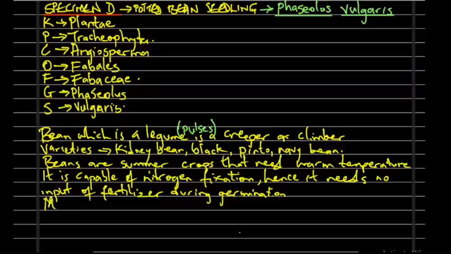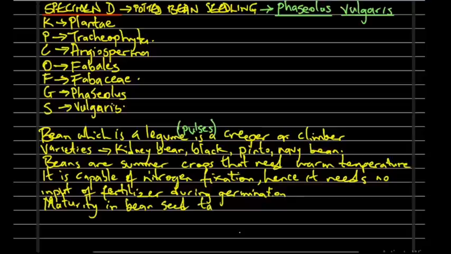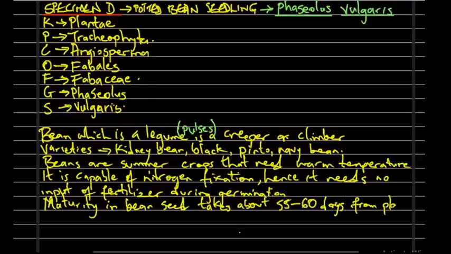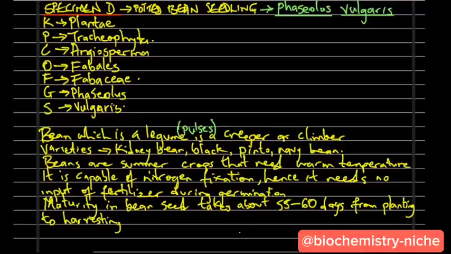Maturity in a bean seed or plant takes about 55 to 60 days, that is, let's say 2 months, from planting to harvesting. So the moment it is planted, in just about 2 months you'll be able to harvest them.